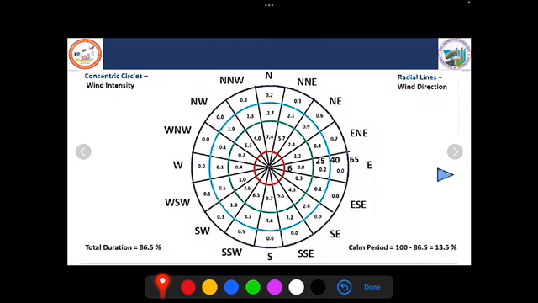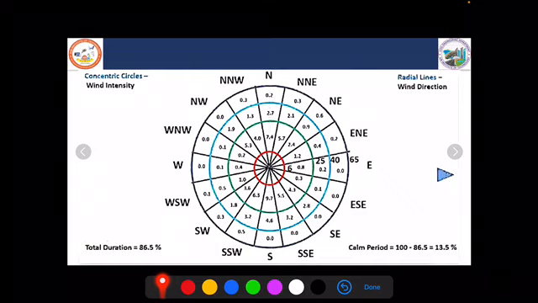Now this picture represents the Windrose diagram of type 2. All these radial lines indicate the direction, similar to type 1, and the concentric circles in red, green, blue and black represent the intensity or speed of the wind.